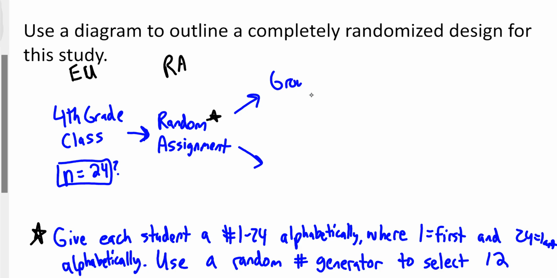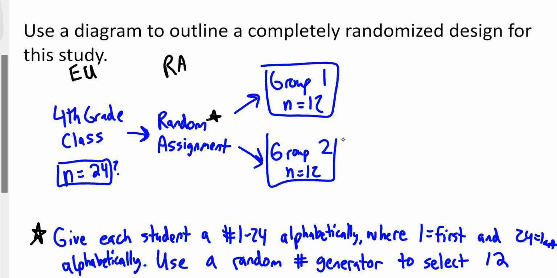Group 1 has 12. Group 2 has 12 as well. And then those 2 groups are going to be assigned treatments. That first group that we said gets the computer software.